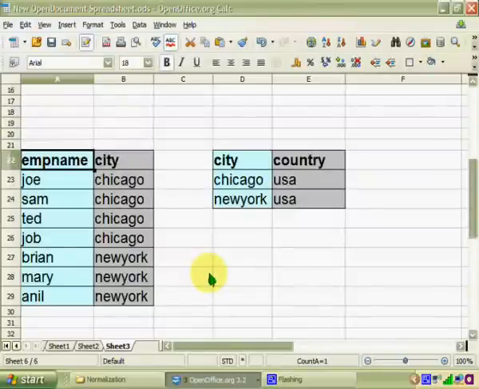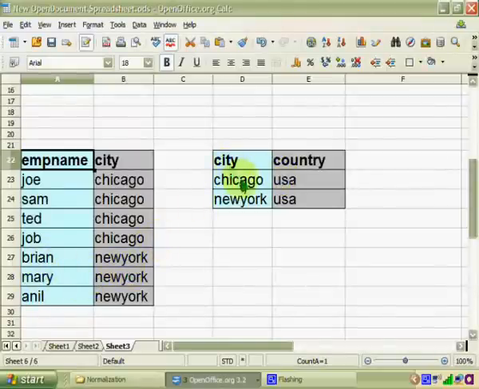So now I have the primary key. The primary key here is emp name. I should have had an ID, but if I had IDs, the redundancy would not look like a redundancy. So emp name: Joe, Sam, Ted, Job belong to Chicago, and Brian, Mary and Anil belong to New York.